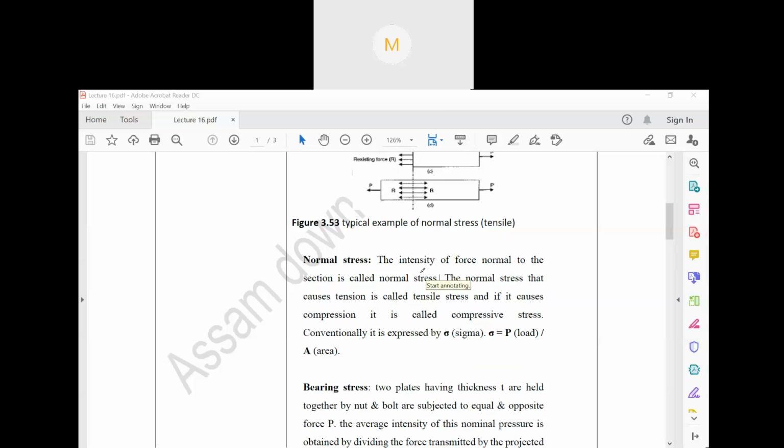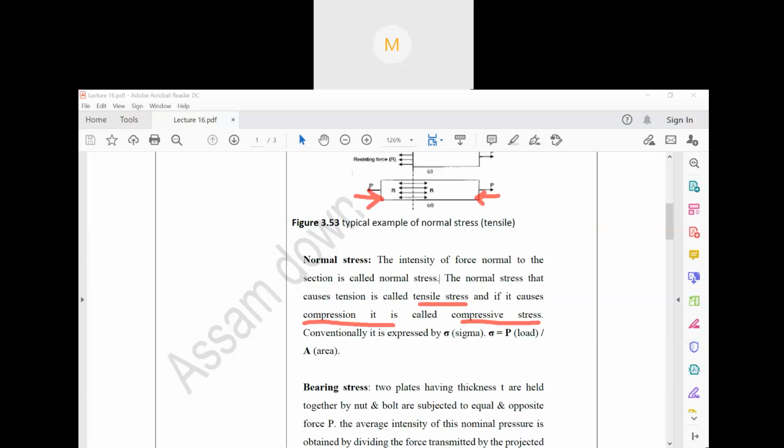Now, we discussed tensile stress. Now we have to discuss compressive stress, right? How to discuss compressive stress? Now, if you are applying a push, not a pull, okay? Suppose you are applying a push here and here.